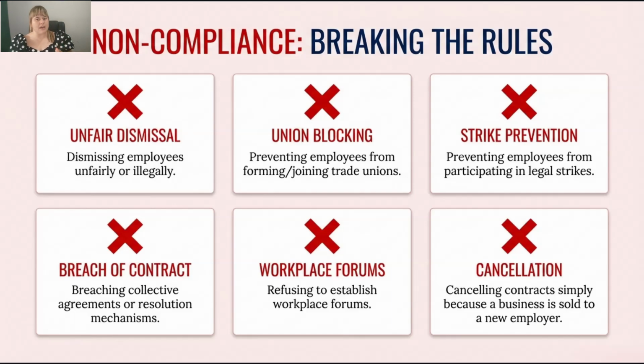So how do we not comply? We prevent them from joining. Do you see how those work hand in hand? Strike prevention, because they have a right to strike: we prevent them from participating in, importantly, legal strikes, not just any strike, legal strikes. Breach of contract is breaching collective agreements or resolution mechanisms.